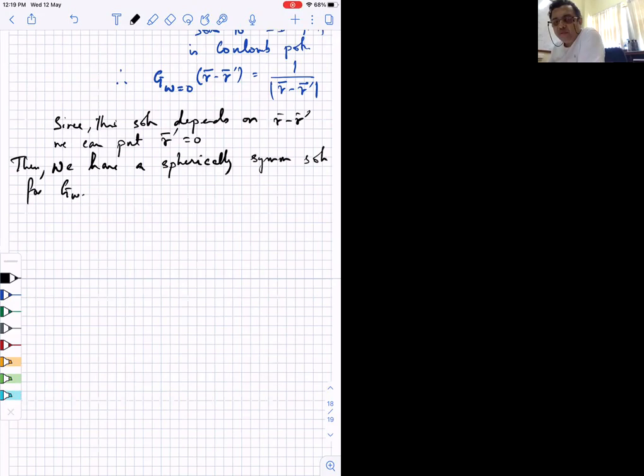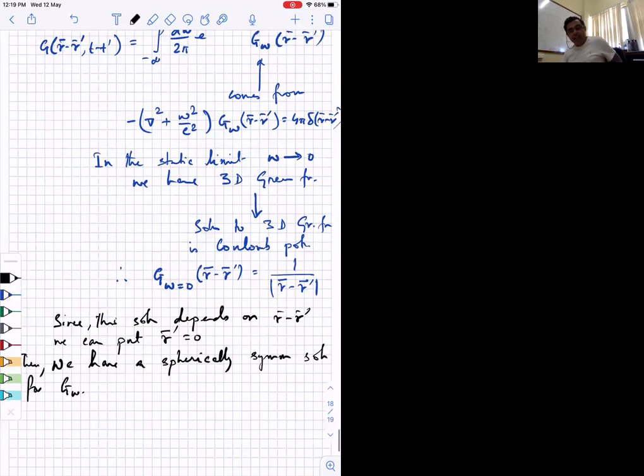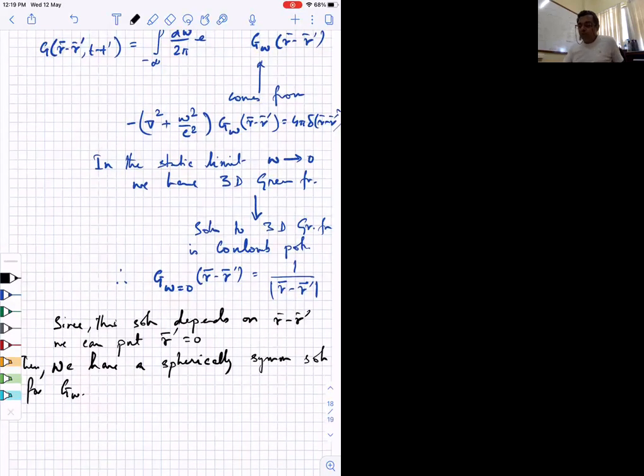Now, why do we want to have this spherically symmetric solution for G omega? Because if it has spherical symmetry, then it becomes easier for us to choose the functional form of the grad squared, because you can write down the grad squared in spherical coordinates very simply.